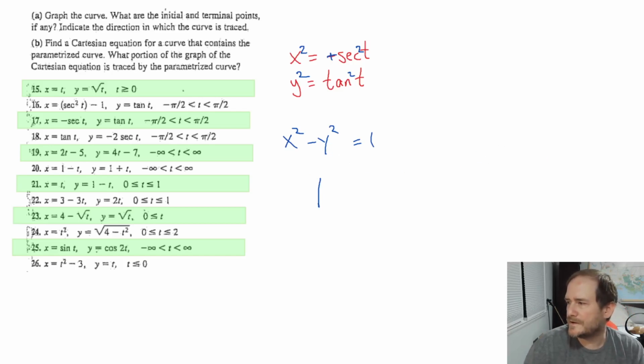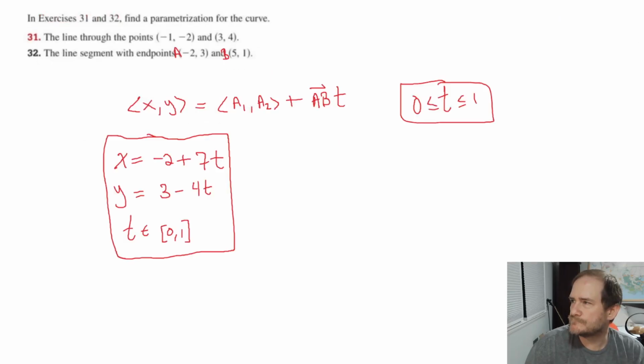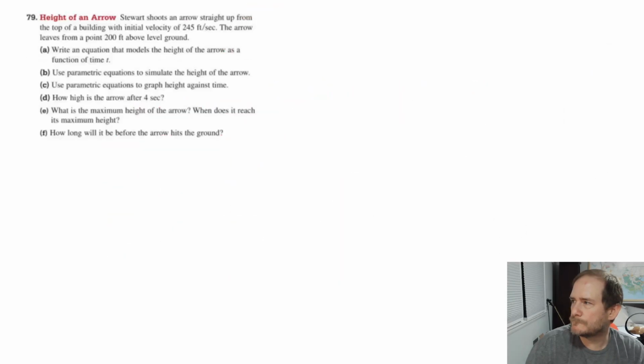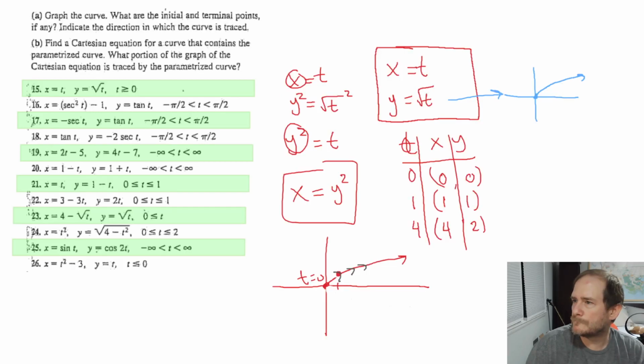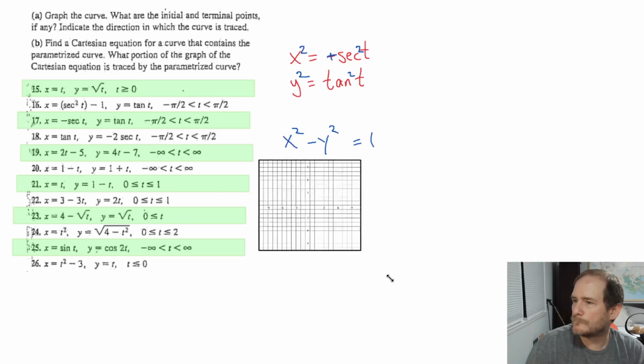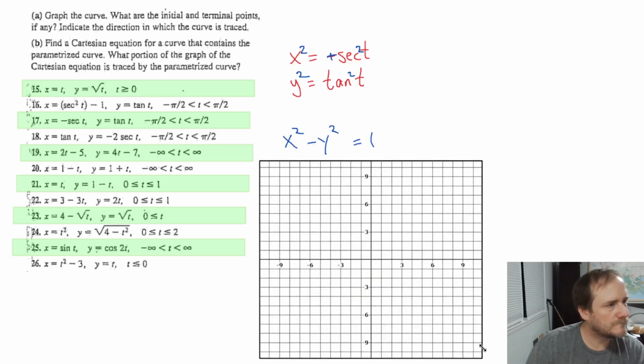Let me get a grid for this so it's not stupid. So for this hyperbola, we can see that we'll be centered at the origin.